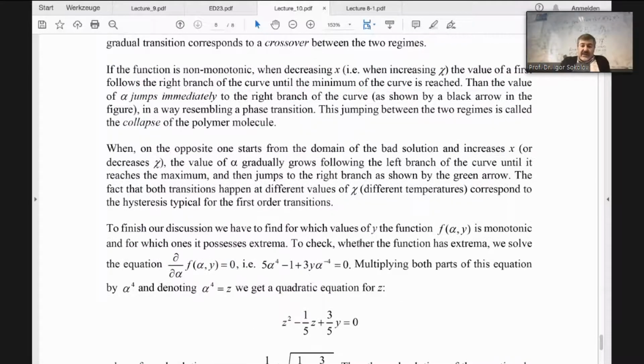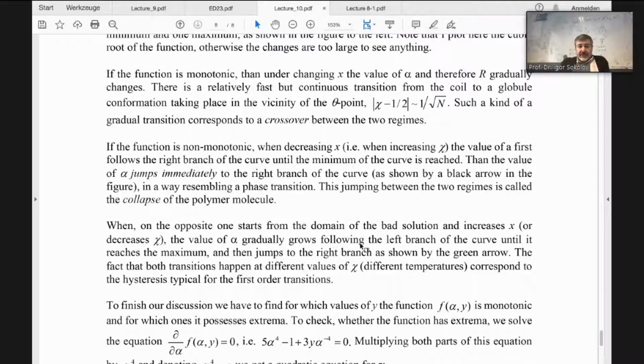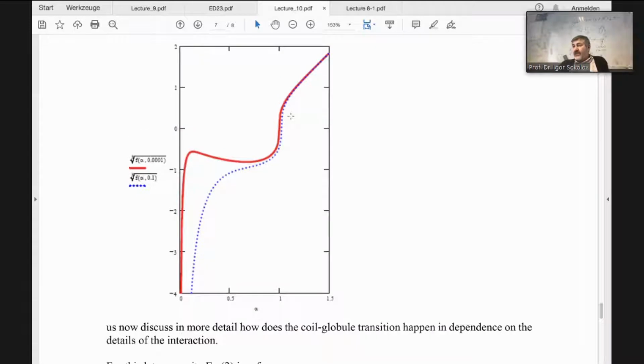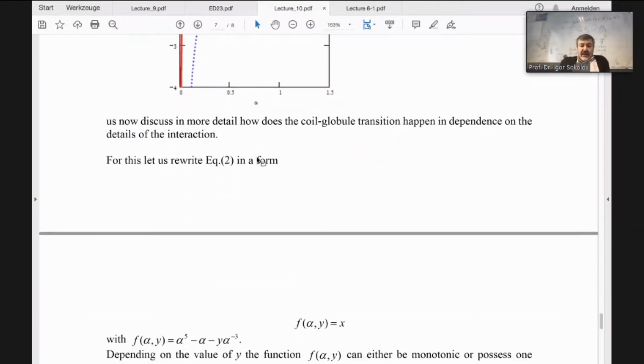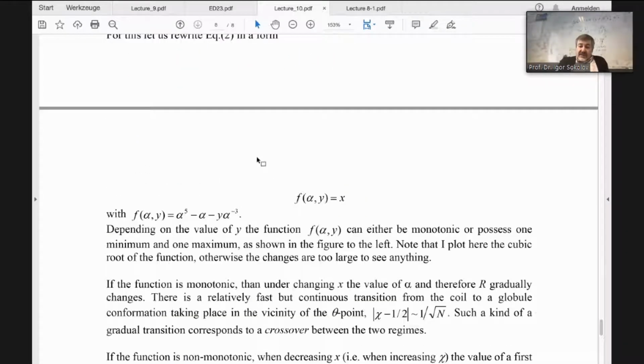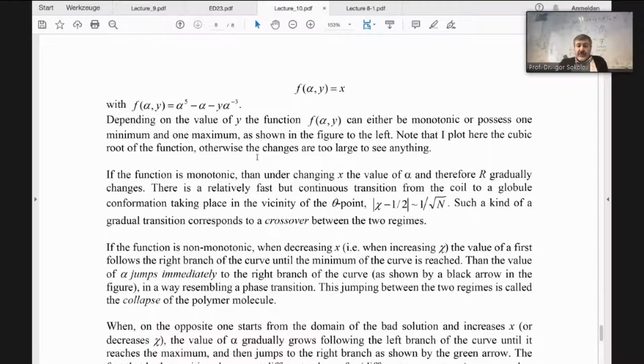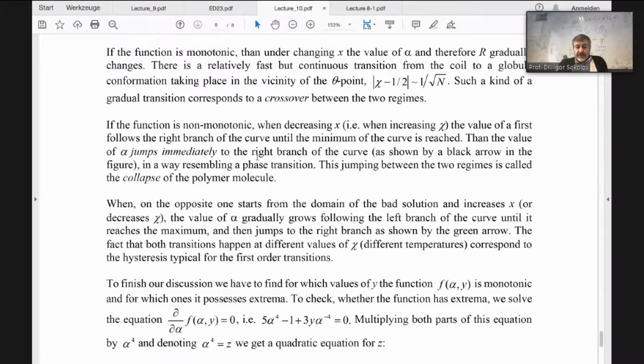This means that if it doesn't have a real root, the function is monotonic, its derivative never changes the sign, and if it does have real roots, there is a minimum and a maximum, and the derivative does change the sign. Now, this means that in dependence on y, there are two different regimes.